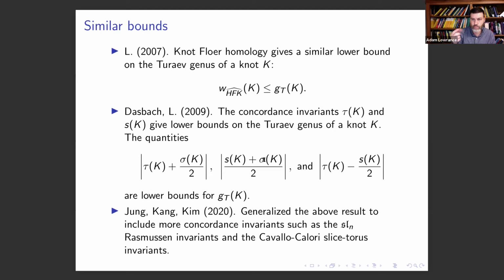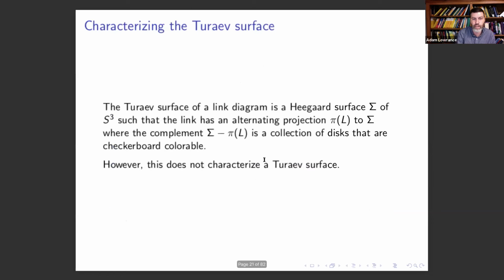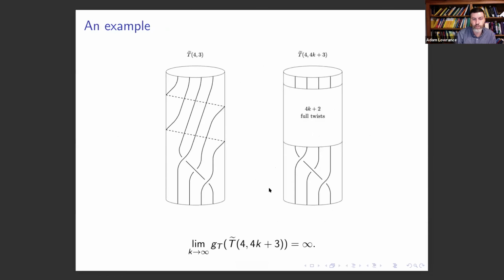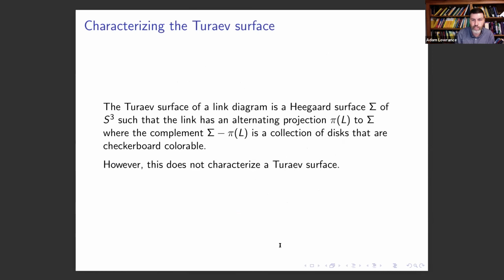You know that those invariants can jump in a controlled manner as you do crossing changes. And since it's only one crossing change away from a torus knot, you can show that the Turaev genus blows up as k goes to infinity. But they're all embedded on a genus 1 surface with all of these nice properties. As Colin would call them, these are toroidally alternating knots. So you need something more than just these conditions to characterize the Turaev surface, is the point of that example.